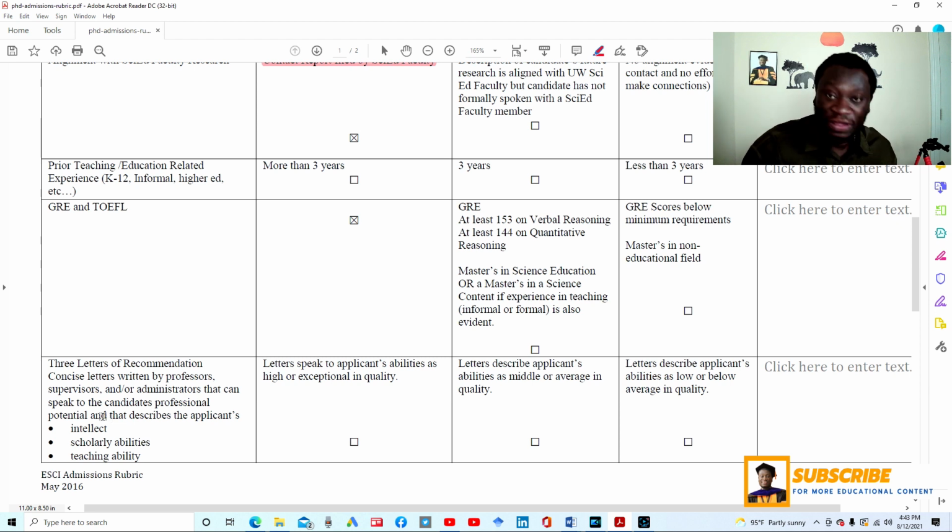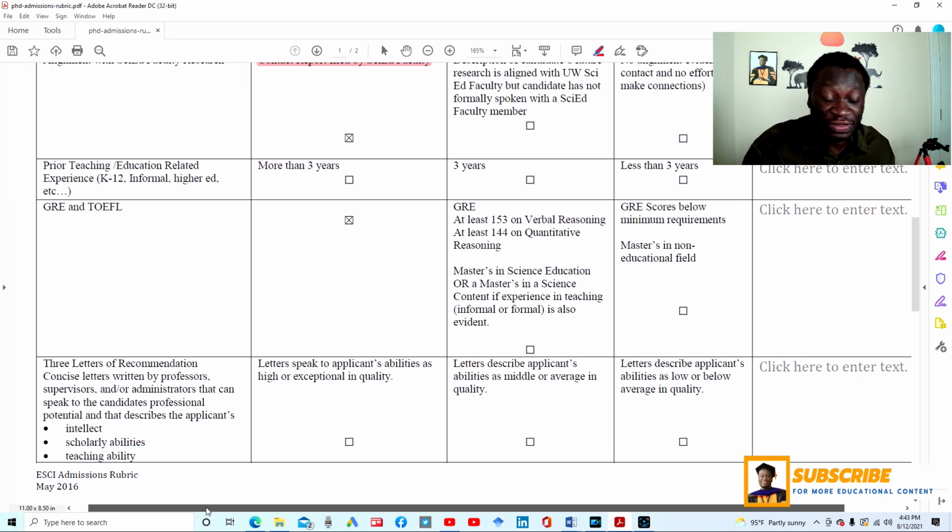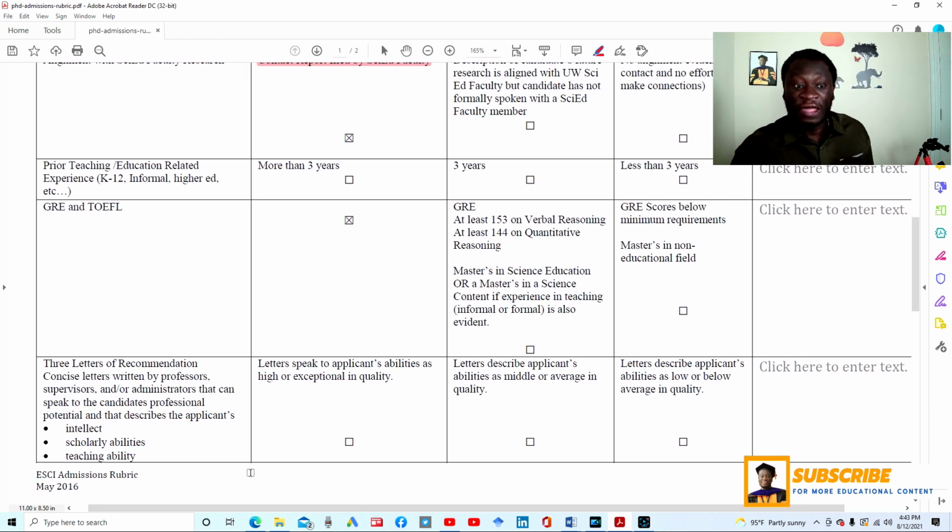You can see an example here. This letter should describe the applicant's intellect, scholarly abilities, and teaching ability. So you can see those are the things important to this department.